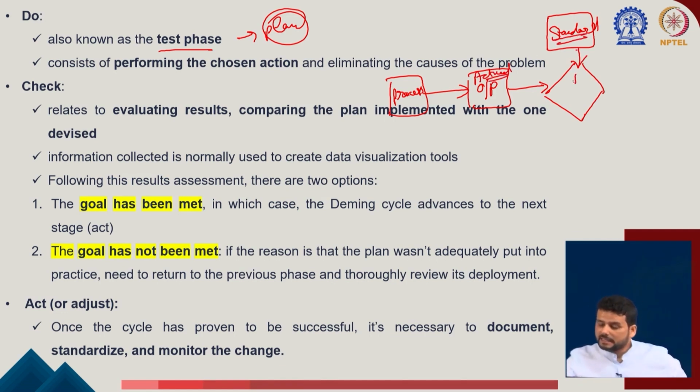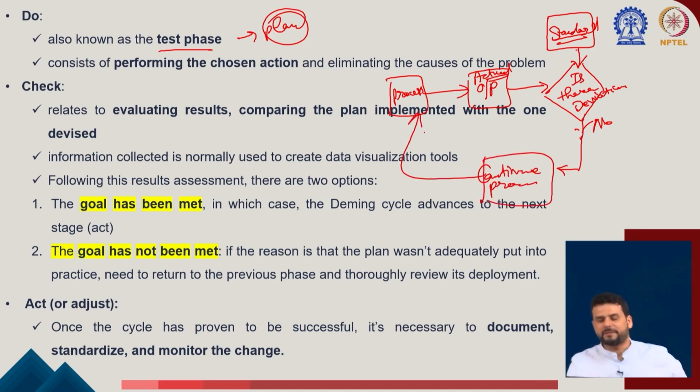Now, we will see, is there any deviation in the actual output from the standard? If the answer is no, we will continue with the process, and this positive feedback is provided, right. If the answer is yes, there is deviation, we need to take the corrective action.